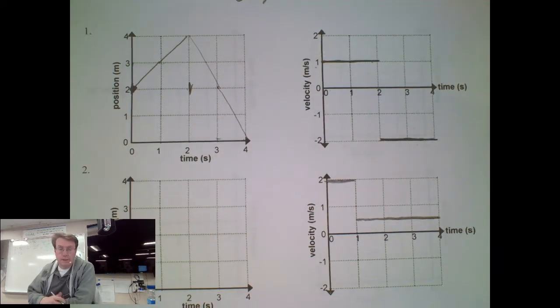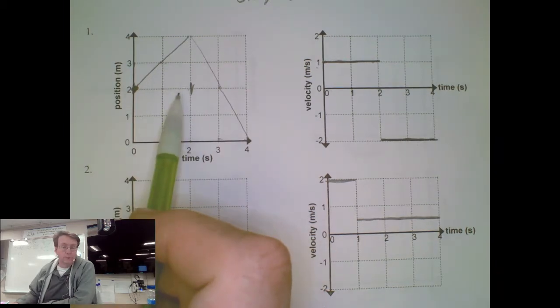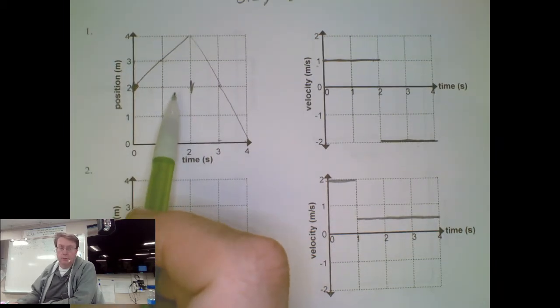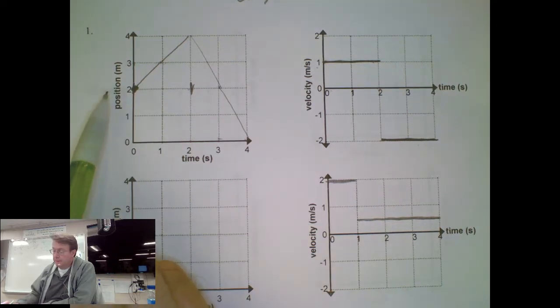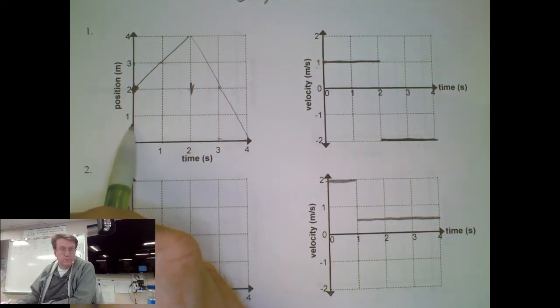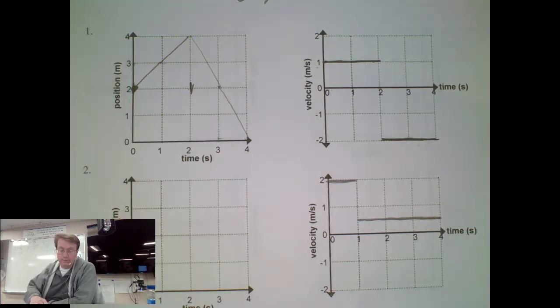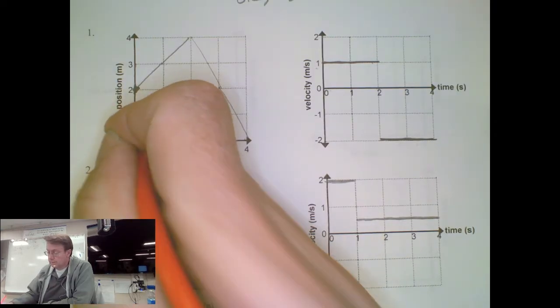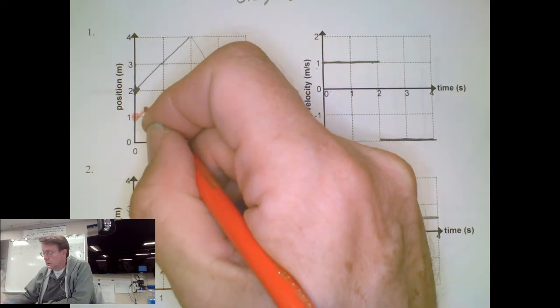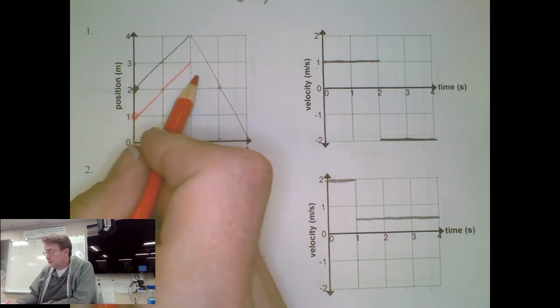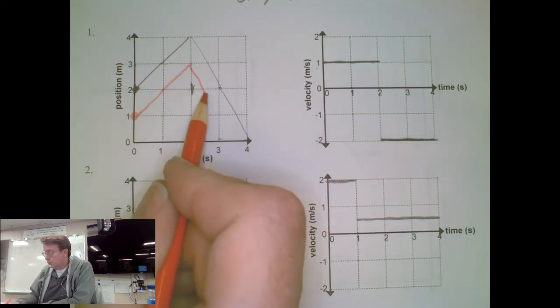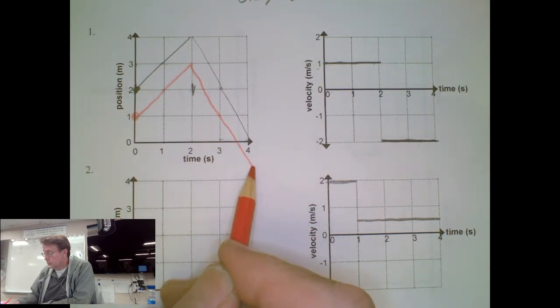So that's my position. This is one of the position time graphs that you could draw for this velocity time graph. Anything that has the same slopes would be as valid of an answer. You could start here and then go up 1 over 1, up 1 over 1, down 2 over 1, down 2 over 1.